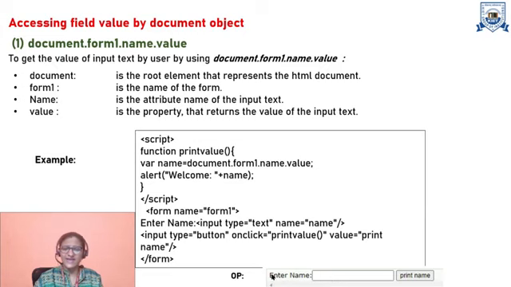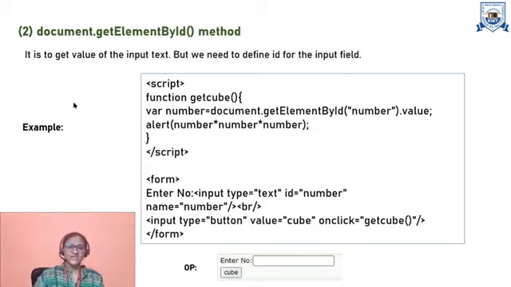Here it is written enter name. Whenever we write anything and press the button print name, the print value function will perform its action and display the value which we have given in this text box. It will print it.